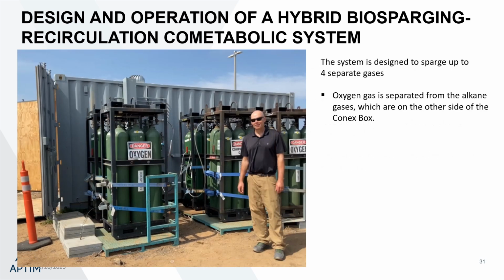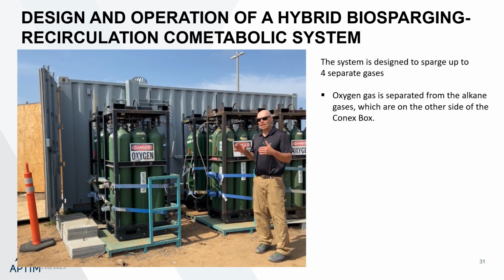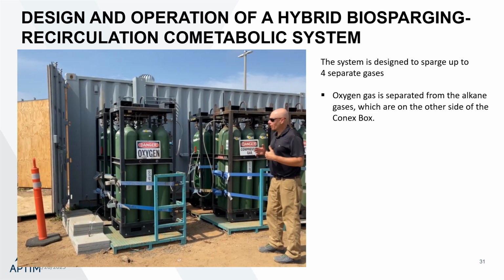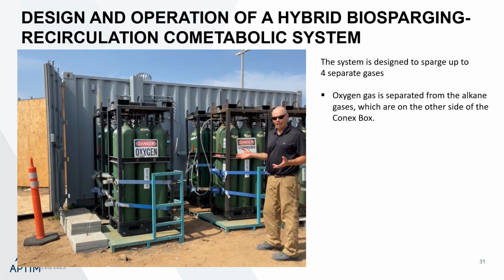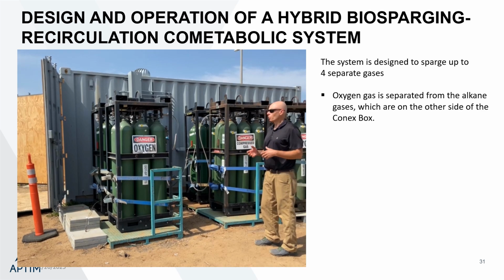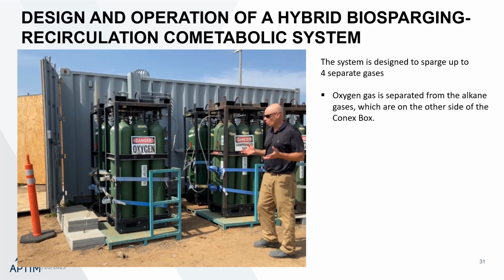So we've moved to the other side of the Connex box. We have the alkane gases caged on the far side of the box. We're now on the front side of the box, where we have a series of oxygen cylinders manifolded together. The cometabolic process that we're stimulating is aerobic, so we need to make sure there's enough oxygen in this aquifer for bacteria to grow upon.